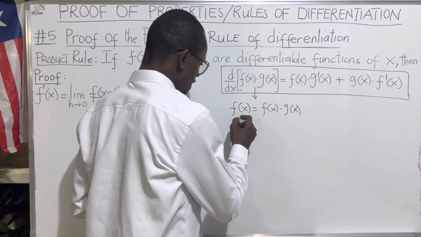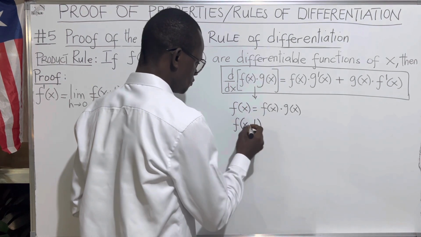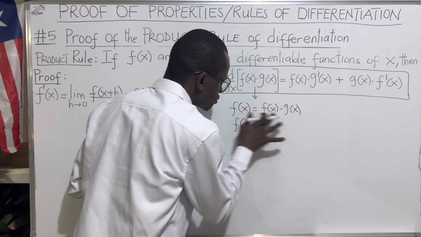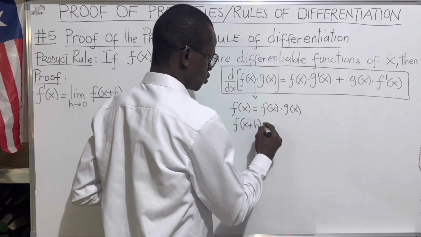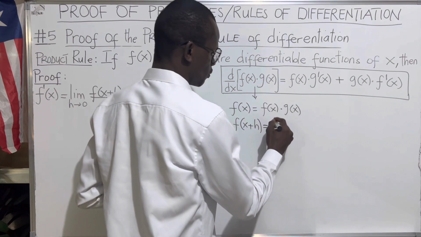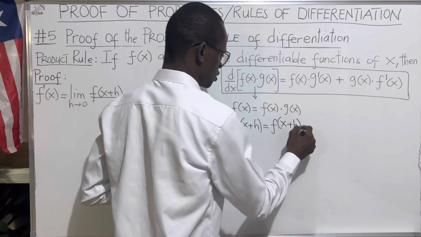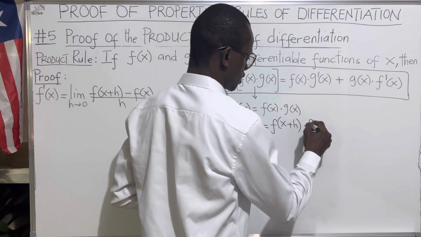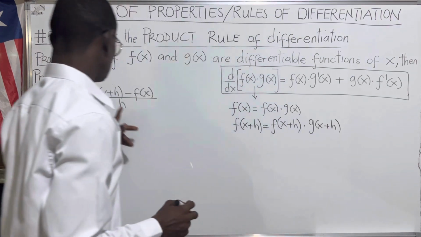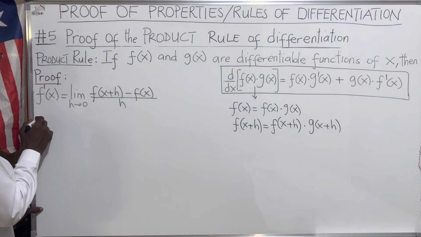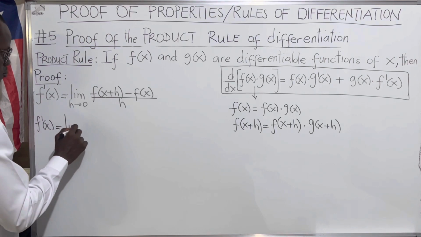To get f of x plus h, it means we are using this same function, but replacing x now with x plus h. So we do the same thing on the right hand side. We replace this x with x plus h. So we have to put it back now within the formula. You have f prime of x equals the limit.